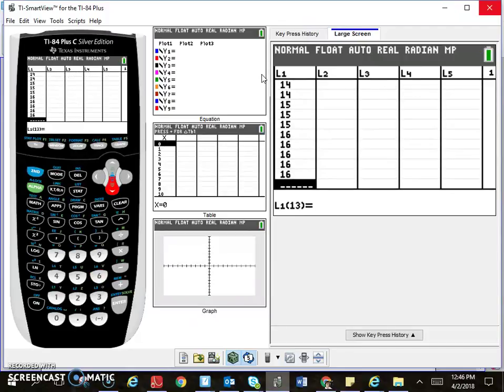So 5 16s, 3 17s, okay, and then 4 18 hours, so 18, 18, 18, 18. Okay, and then 3 19s. So 19, and then a 20 and a 21.